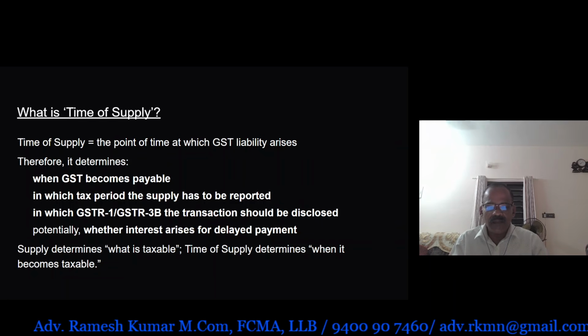We also have to determine when the GST liability arises, whether it is in the month of August, next month, that is September, or some other period. And that is exactly what time of supply tells us. So, supply determines what is taxable, and time of supply tells us when it becomes payable.